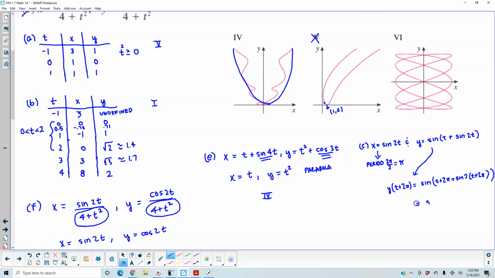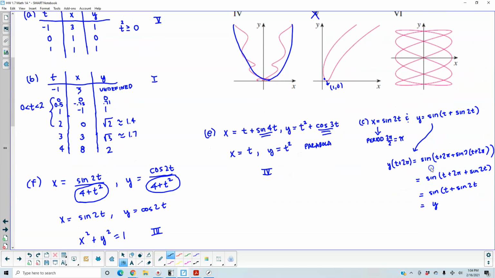And so this is going to become the sine of t plus 2 pi plus the sine of 2t, which ends up equaling the sine of t plus the sine of 2t, which is equal to y. So therefore, we're going to say that the period for y is going to be 2 pi.